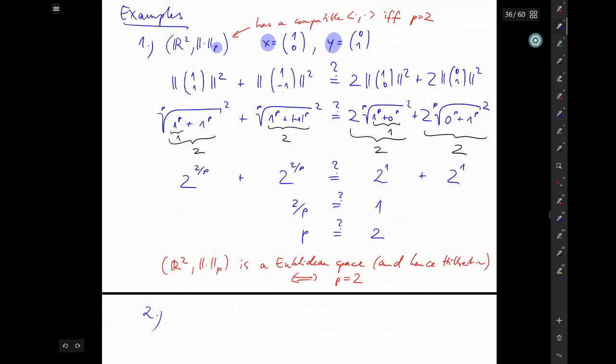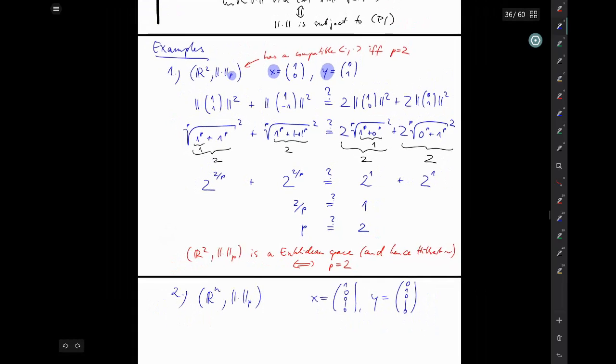So our second example could of course be R^n with the p norm, and you would do the very same computations. You could probably take x equal to 1, 0, and all the rest zeros, and y equal to 0, 1, and then the rest zeros, and you would end up with the same conclusion.